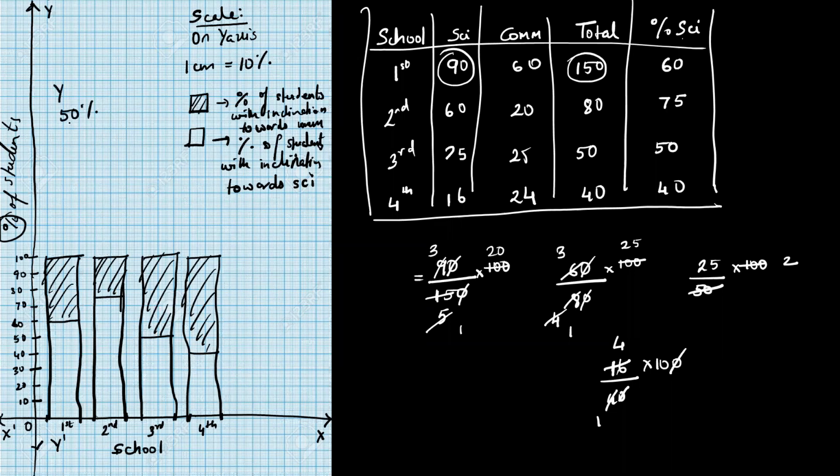And for Ravi, it is going from 70 to 100, so it's 30%. So clearly Yash is more, but they have not asked how much is Yash. They have asked how much more is it. So I'll have to do 50 minus 30, which will give me 20. This much percent more is Yash.